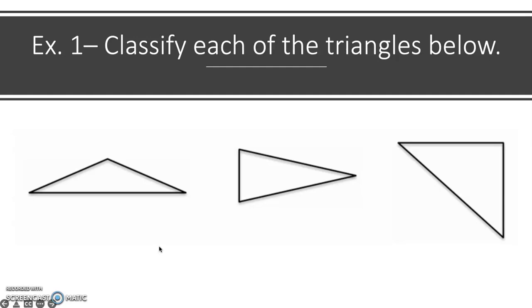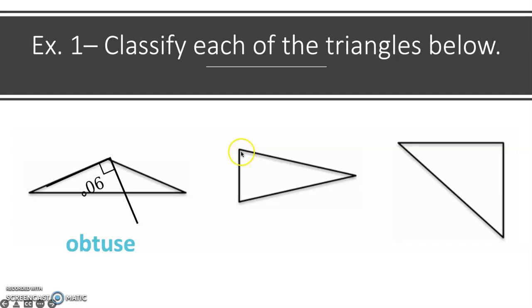Example 1. Classify each of the triangles below. We have to use a 90-degree angle to test if the angles in a triangle are acute, obtuse, or right. Some of them are clear to see with our eyes. So this angle here we can see is larger than 90 degrees, and therefore that is an obtuse triangle.